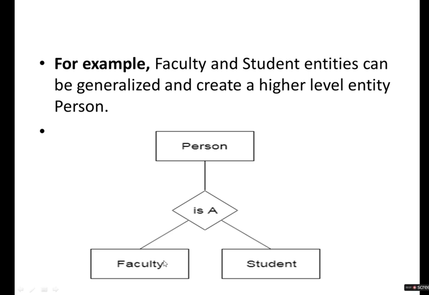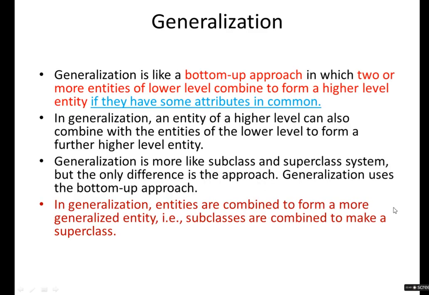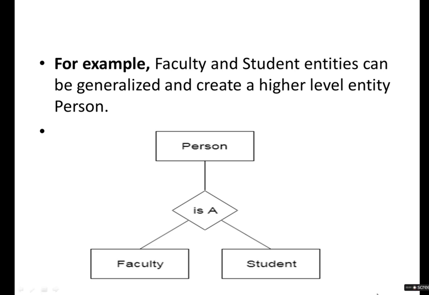These two entities have common attributes, that's why they are combined and form a higher level entity called a person. Faculty is also a person and student is also a person, and that's why it's called a bottom-up approach, from bottom to up.